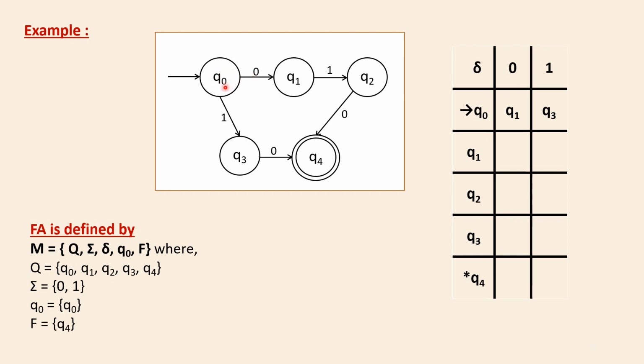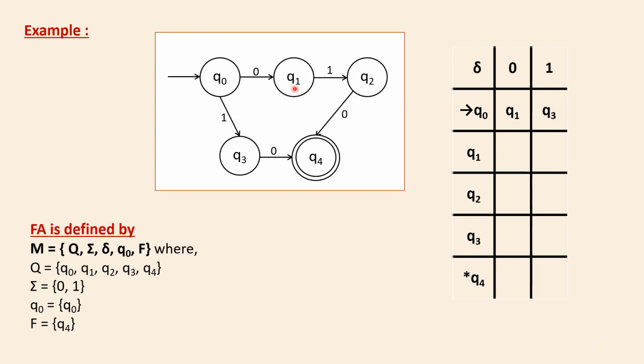The state moves from Q0 to Q1. So here we have written Q0 on input 0 moves to Q1. Then we have Q0 on input 1 moves to state Q3.